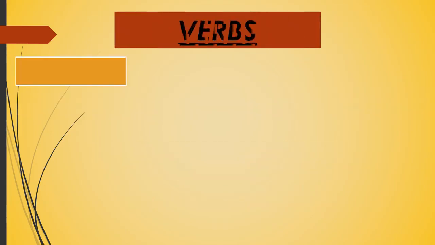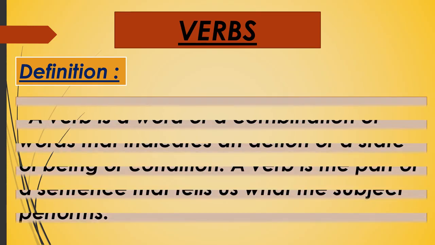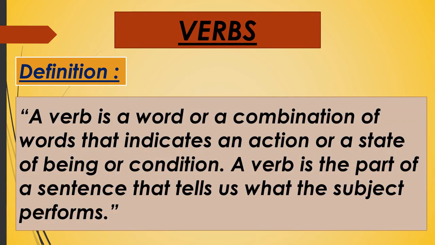As I have already explained to you the meaning and types of verbs in lecture number 1, let's again have a look at the meaning of verbs and its kinds. A verb is a word or a combination of words that indicates an action or a state of being or condition. A verb is the part of a sentence that tells us what the subject performs.